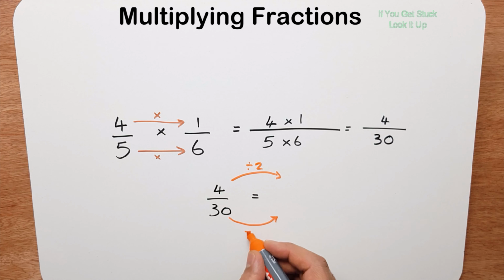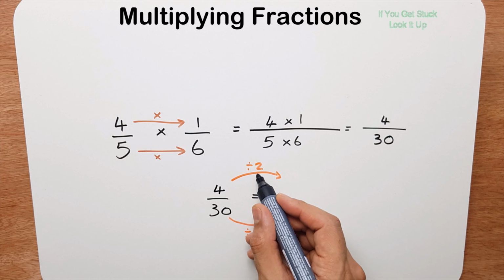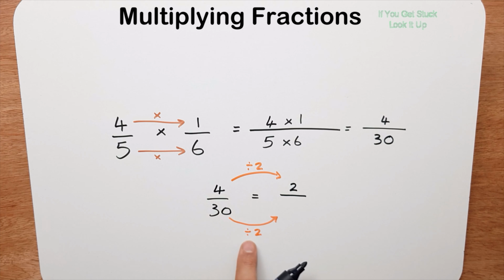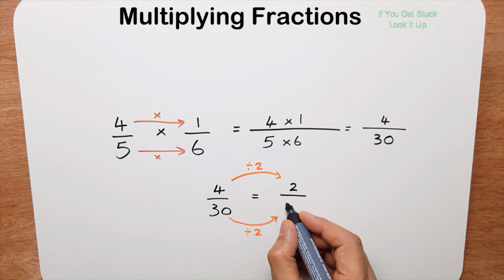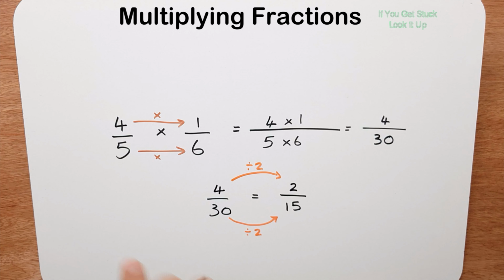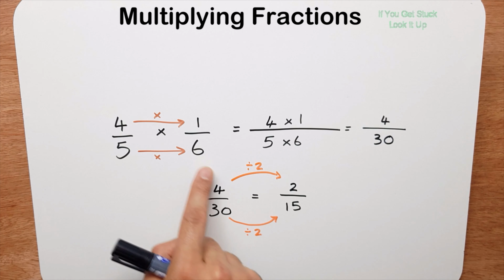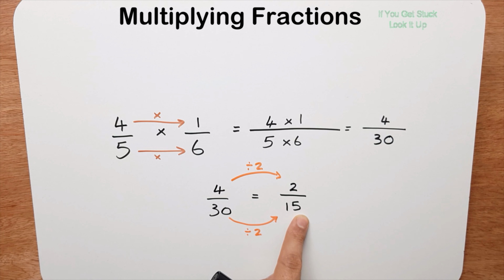So I have to divide this by 2. 4 divided by 2 is 2. And 30 divided by 2 is 15. So I can say 4/5 times 1/6 is 2/15.